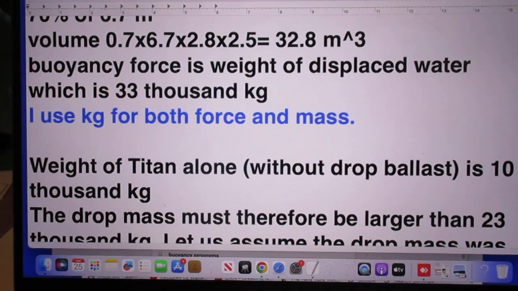I realize that mass is not force and force is not mass. That is irrelevant. In fact, in high school, we learned about kilogram forces. That's no longer done. Okay, I used force and mass, kilograms, same way.